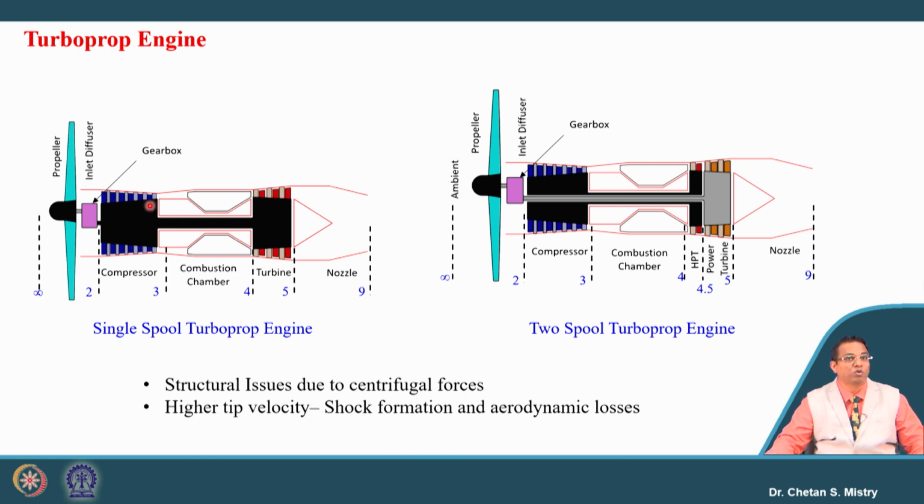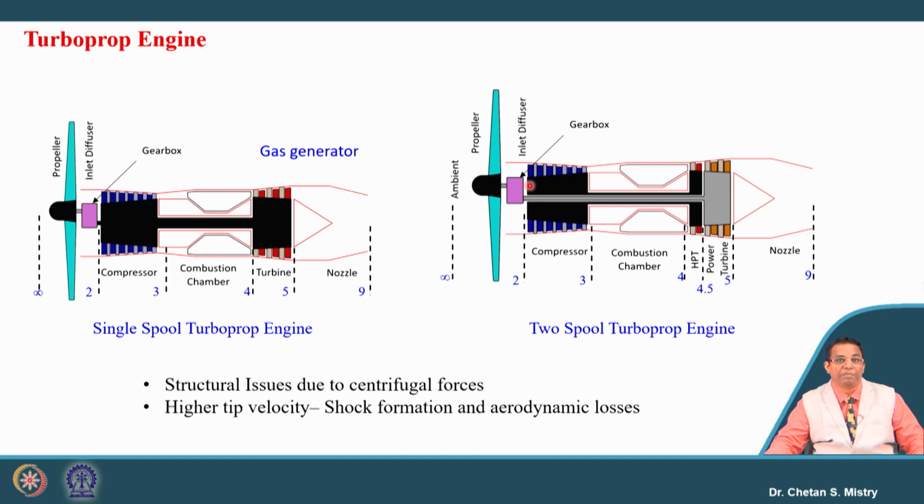In order to rotate this propeller, the power will be supplied by this single spool turbine stage. If we are using this kind of configuration in which both propeller and compressor are being run by this turbine, basically it is known as a gas generator. Conventionally people define this kind of configuration, in which the turbine is defined as a gas generator.